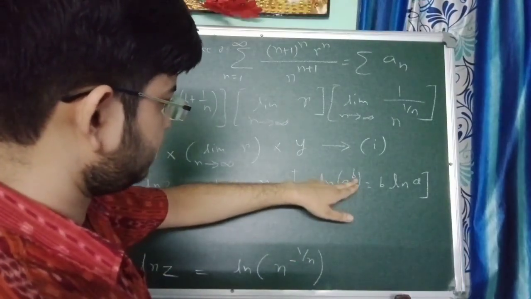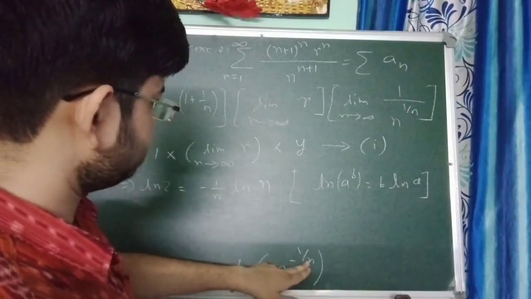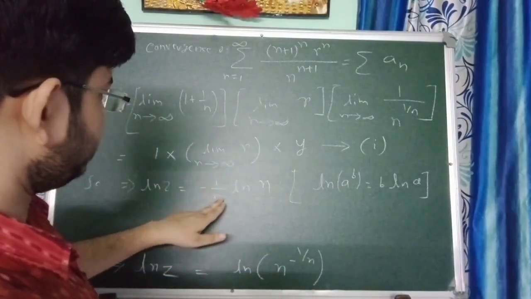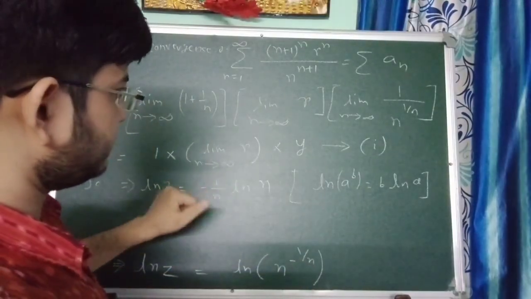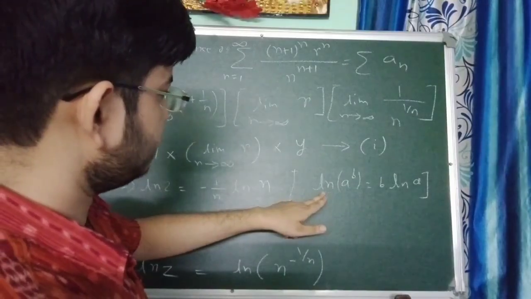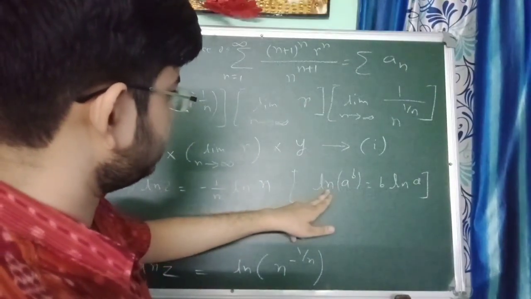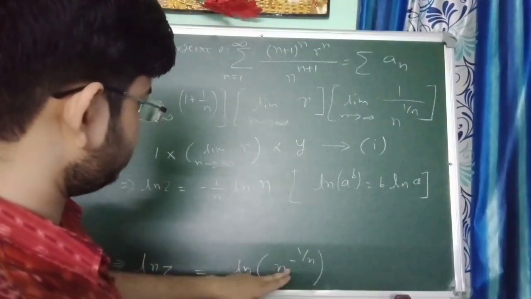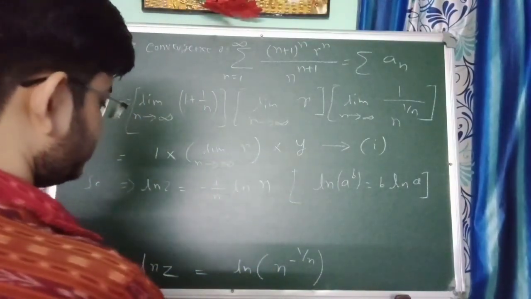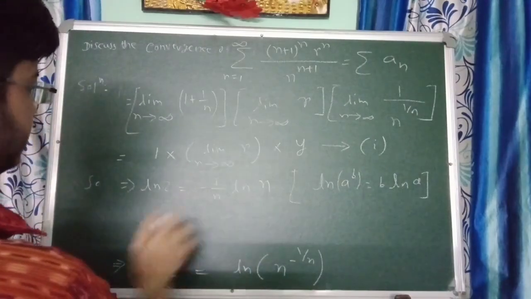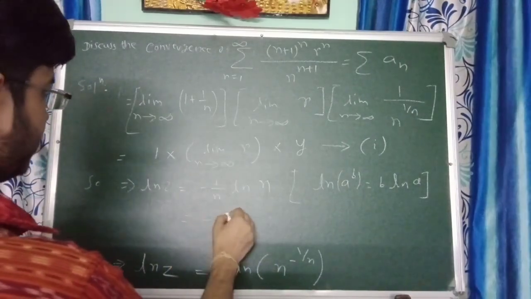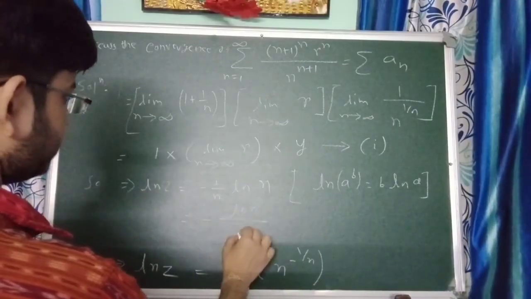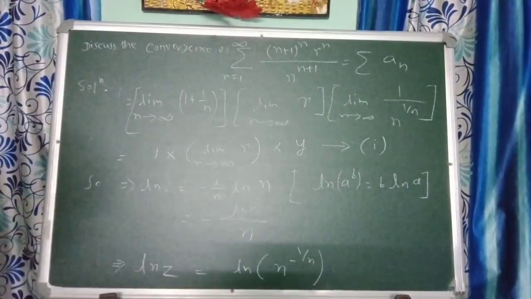So in the coefficient part we have minus 1 by n, and we keep log a, which is here log n. So this expression changes to minus log n divided by n.